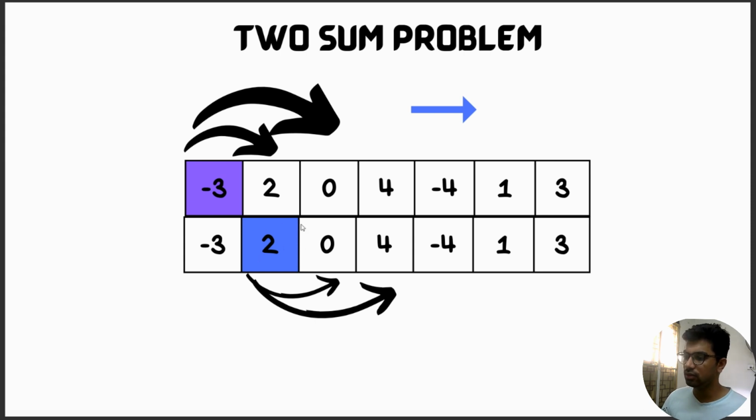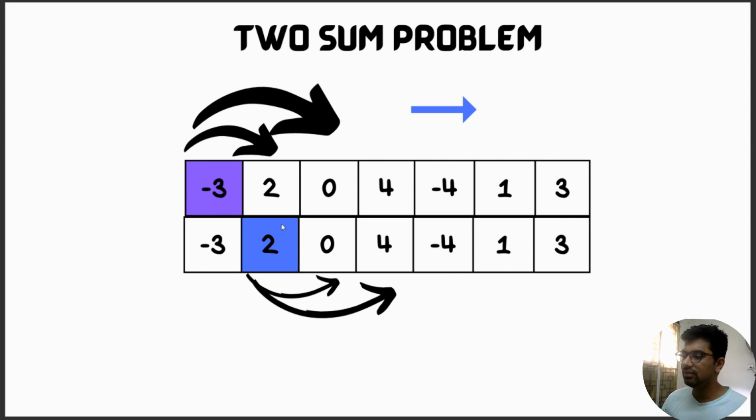So what must be the brute force approach? As we require two numbers, we can take minus 3 as one number and jump to another number. So we can take minus 3 and 2. Similarly we can take minus 3 and 0, similarly minus 3 and 4, and so on. If we take minus 3 as one fixed number, then we have n minus 1 elements as options for the other number.